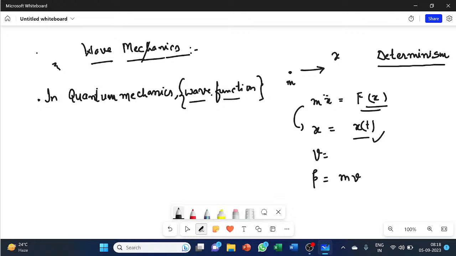Okay, so in quantum mechanics, the wave function abides by an equation. Right now I'm concentrating on the time independent equation. So it abides by something called the Schrodinger equation.